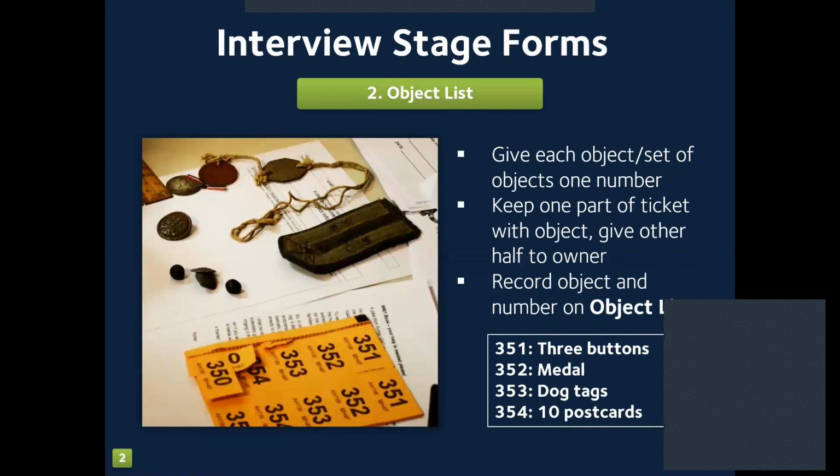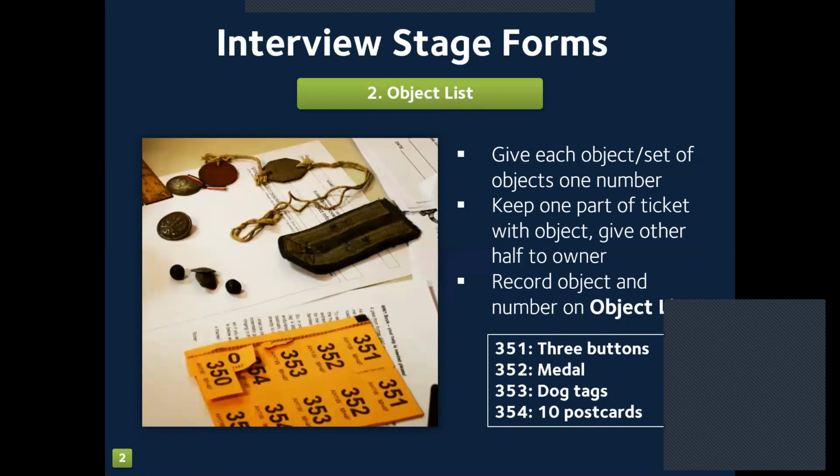We do find the raffle ticket system works quite well. When we're interviewing the visitor at that interview stage, one of the volunteers will give each object or each group of similar objects one raffle ticket. We will keep one half of that raffle ticket with the object or group of objects, and we give the other half to the visitor. We record all this information in an object list, which I'm going to show you in a minute.